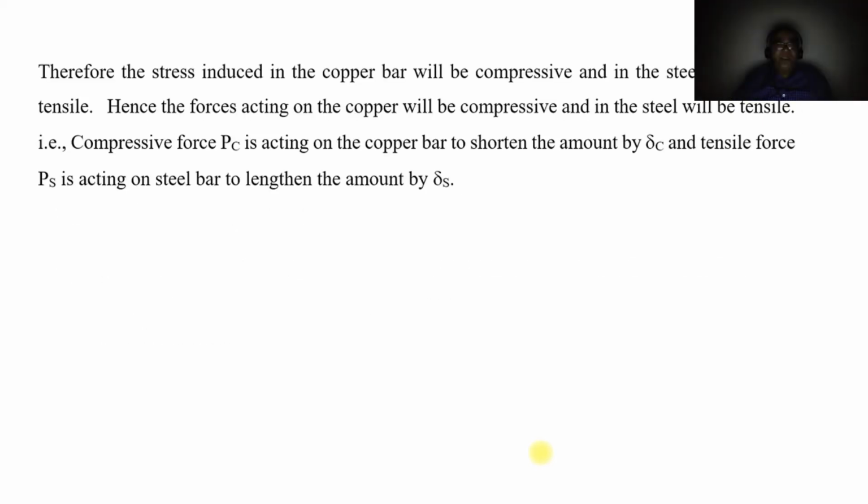Therefore, the stress induced in the copper bar will be compressive, and in the steel bar will be tensile. Hence, the force acting on the copper will be compressive, and on the steel will be tensile. That is because steel has a smaller coefficient of thermal expansion compared to copper. With a rigid support, copper will try to expand beyond the rigid support, so it will develop compressive stress.